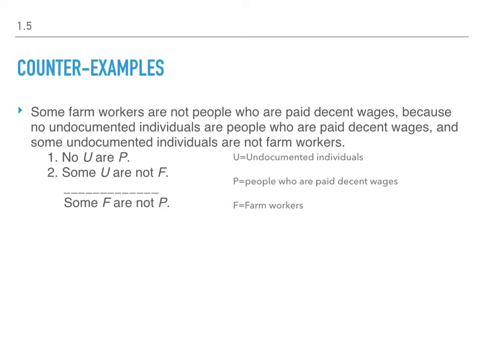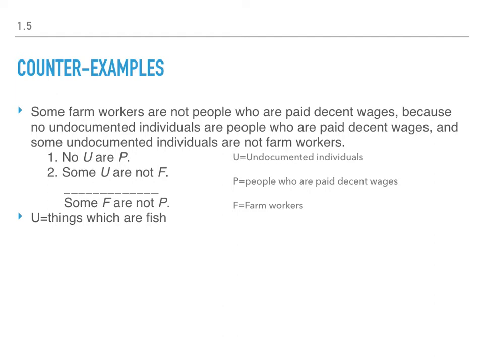And it's always best to stick with things that are sort of obvious, at least at the beginning, like mammals and fish and cats, because you generate sentences which are pretty clearly true or false. Although I have to warn you that with the word some, it's a bit tricky because English speakers and logicians disagree somewhat, let's say, on what the meaning of the word some is. So this, I think, really is going to illustrate that. So here's a way to generate a counterexample.